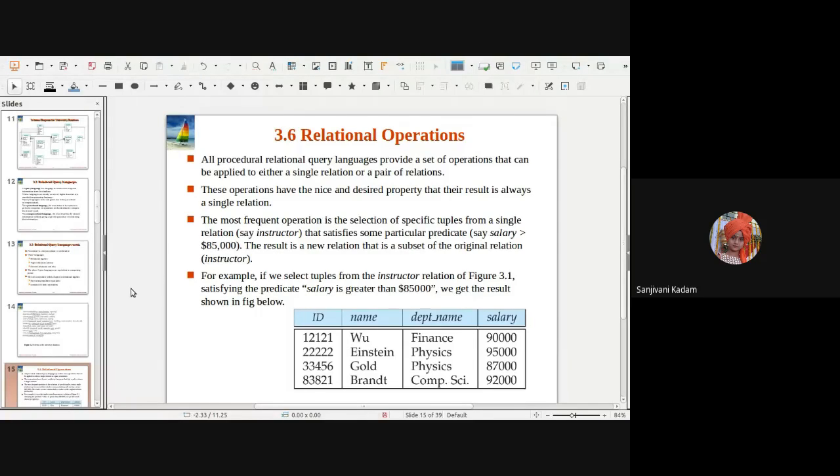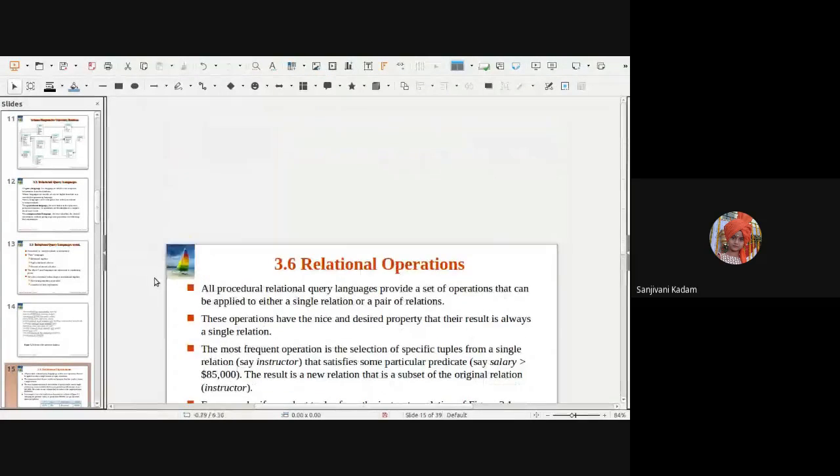The result is a new relation that is a subset of the original relation instructor. Out of the complete relation, only those tuples which satisfy salary greater than $85,000 will be listed. Let us go back to the previous relation.